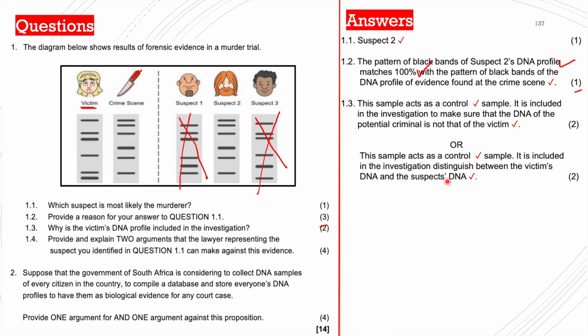Okay, guys? The following question: provide and explain 2 arguments that the lawyer representing the suspect you identified in question 1.1 can make against this evidence. Remember, in a criminal case, suspect 2 would be represented by a lawyer, an attorney, or an advocate.